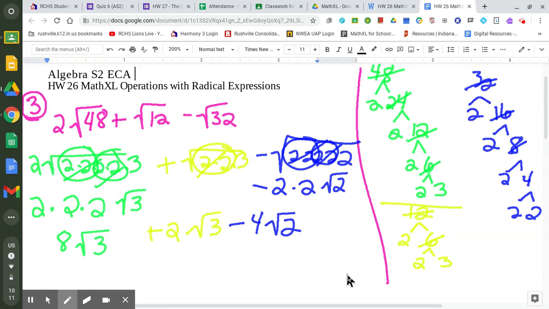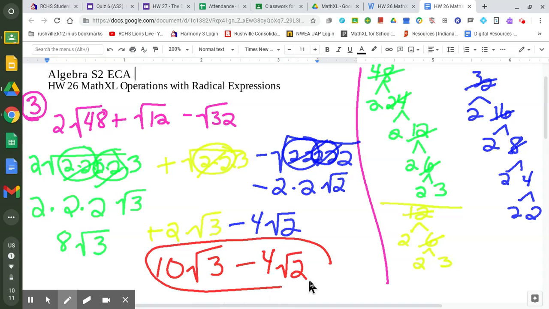And now I have 2 radicals that are the same underneath, the 3's. So my like terms. So I add 8 plus 2 to get 10 square root of 3 minus 4 square root of 2, and that is my answer.